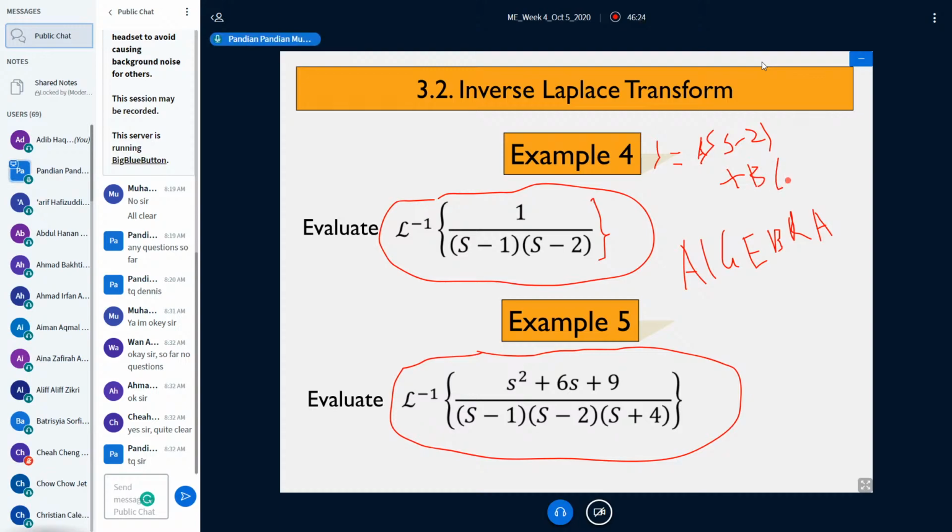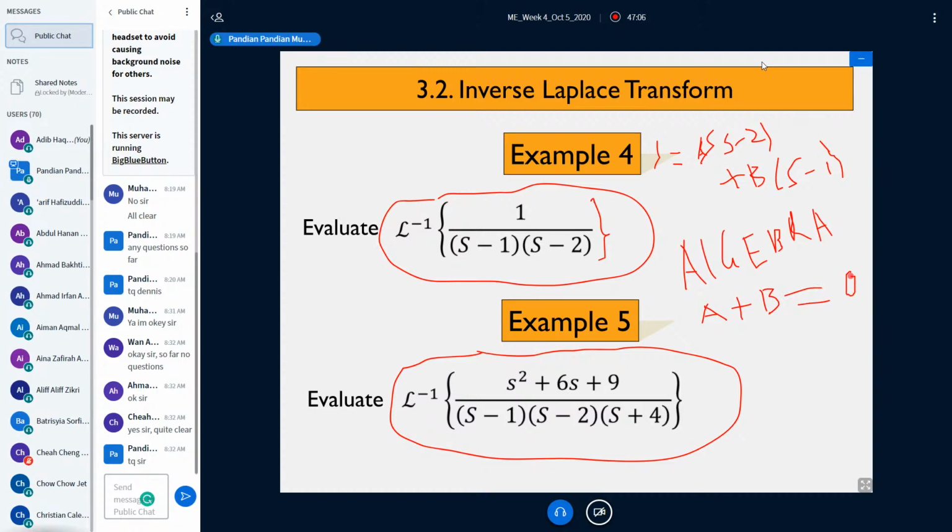So as we mentioned, a and b are constants. You solve this equation. The coefficient of s is 0, the constant is 1. So a plus b is 0. You create the equation a plus b equals 0.